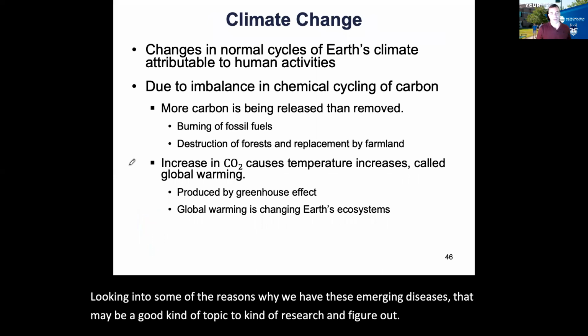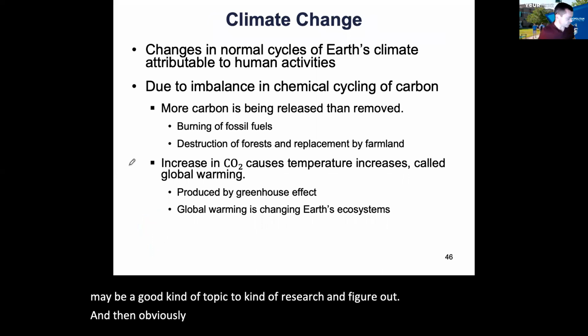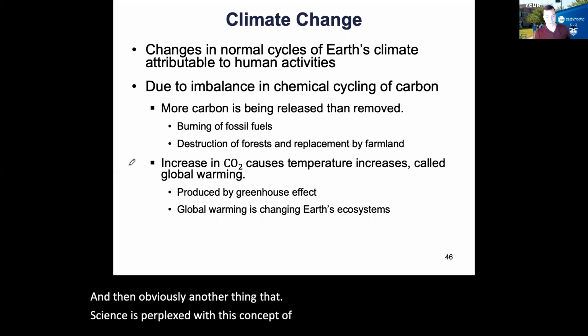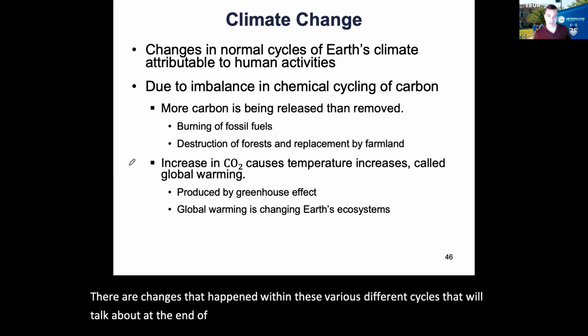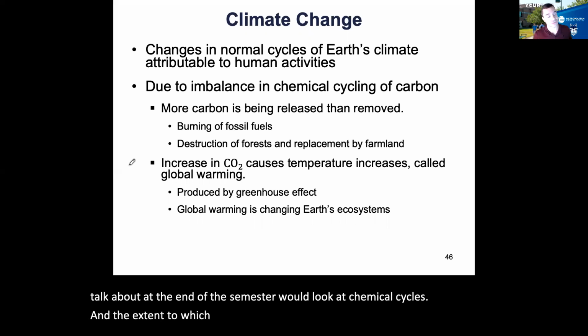And then obviously, another thing that science is perplexed with is this concept of climate change. Okay? There are changes that happen within these various cycles that we'll talk about at the end of the semester when we look at chemical cycles. And the extent to which man has contributed to these.